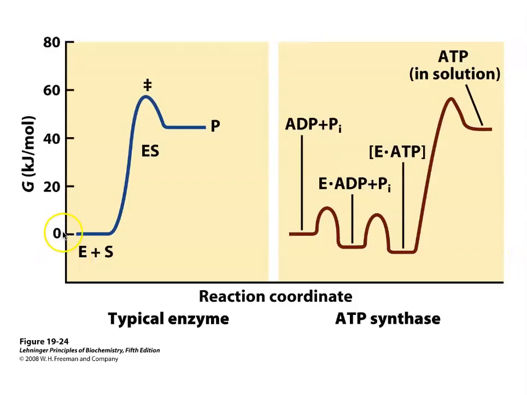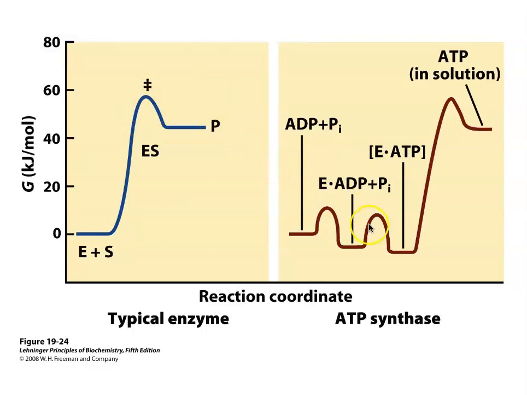So this is what normally the energy graph would look like for ATP synthesis, even though this is not exactly accurate, because obviously the delta G is not exactly matching positive 30.5. We start with the enzyme and substrate at a low energy level, and then the product has high energy content.